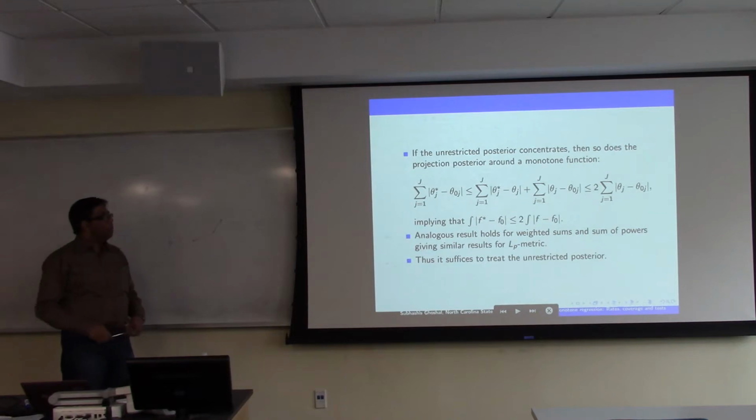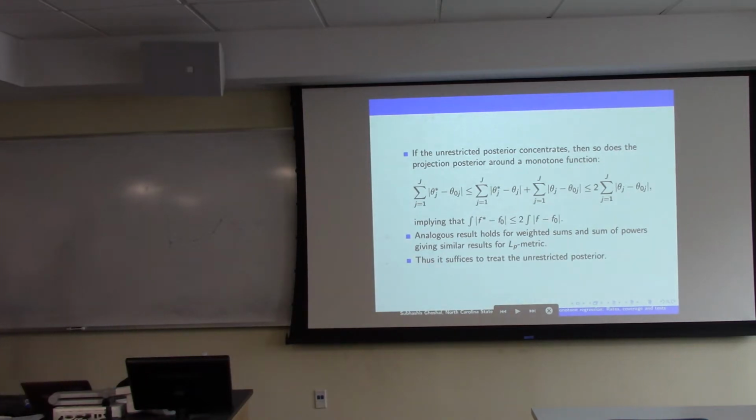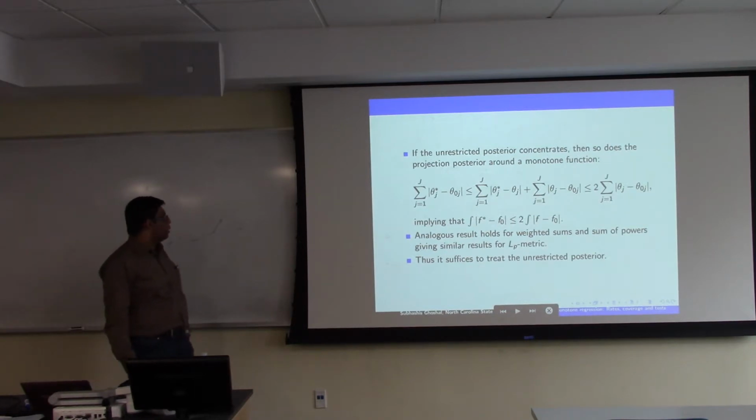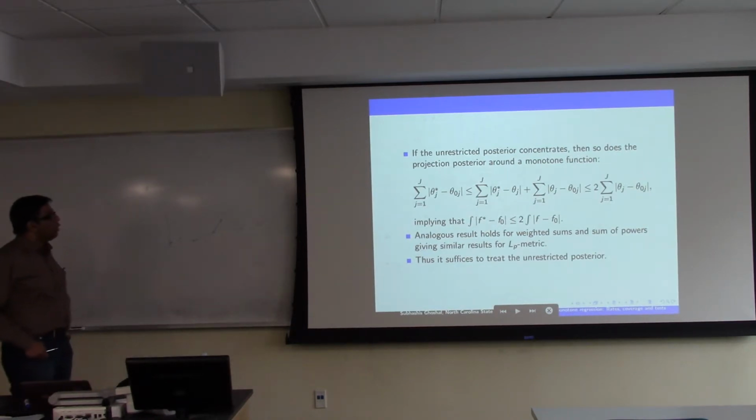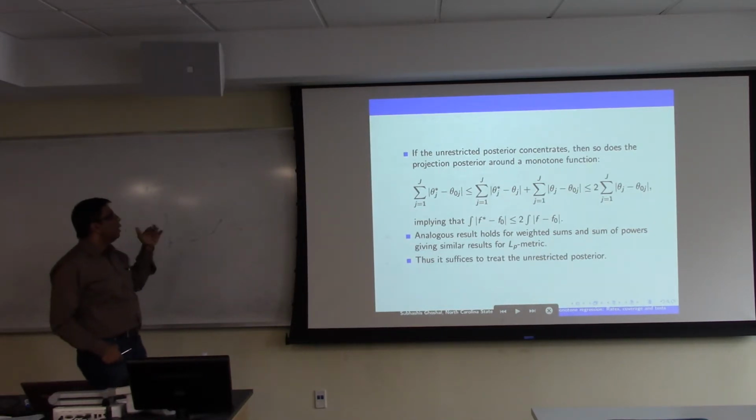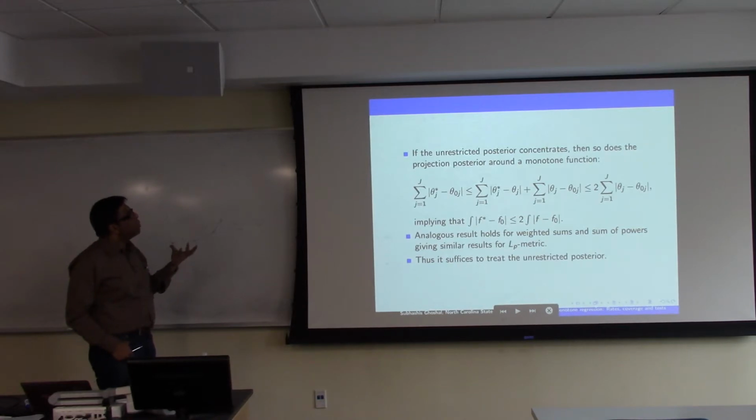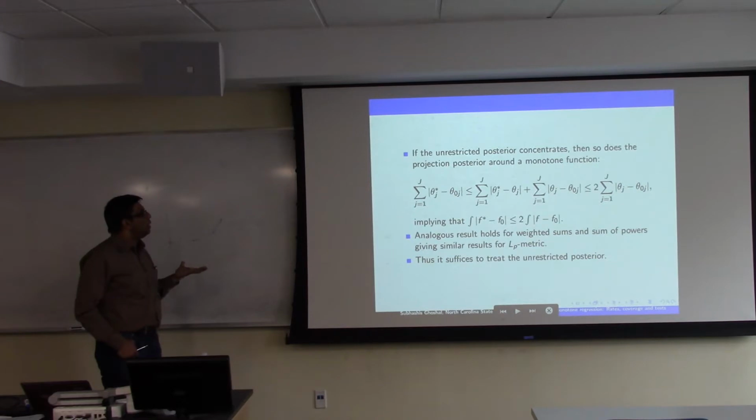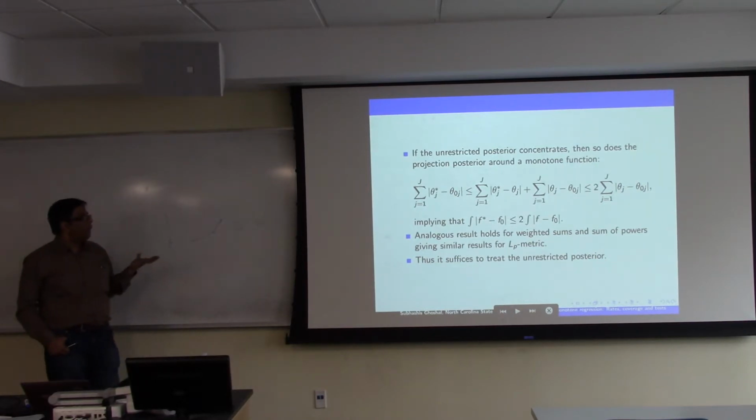All right, so first I want to show that suppose you ignore the order restriction and just put a prior on the unrestricted space. You can get a posterior distribution that concentrates, and then you look at the projection. Does the projection posterior have the same kind of contraction rate?